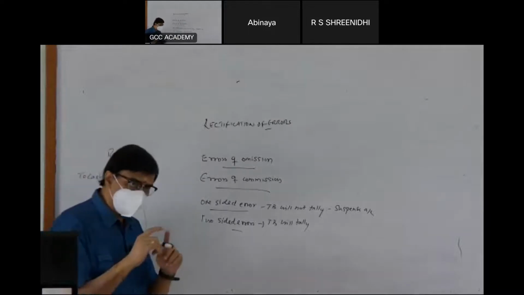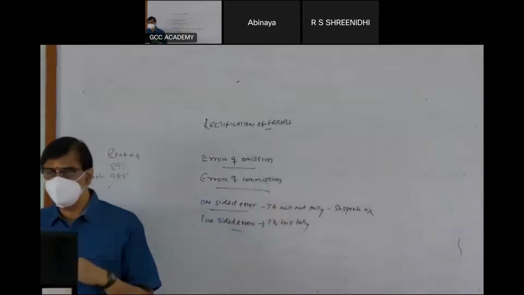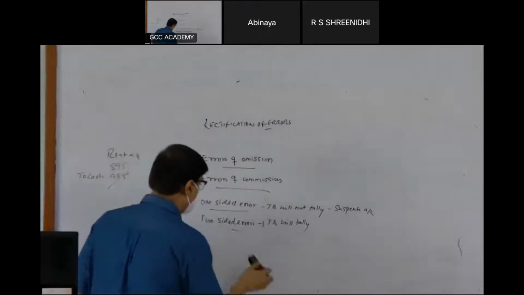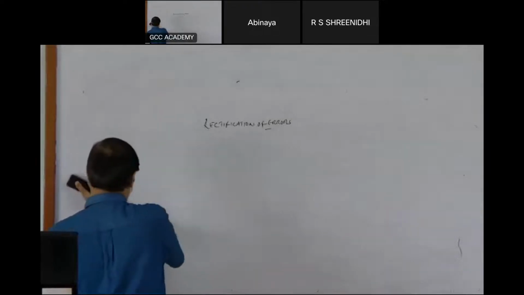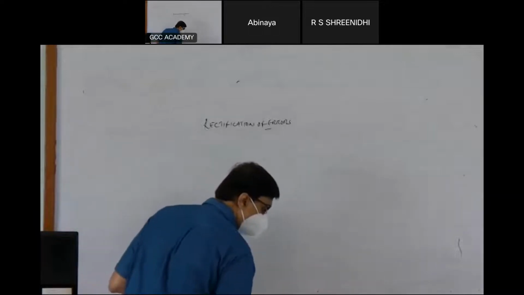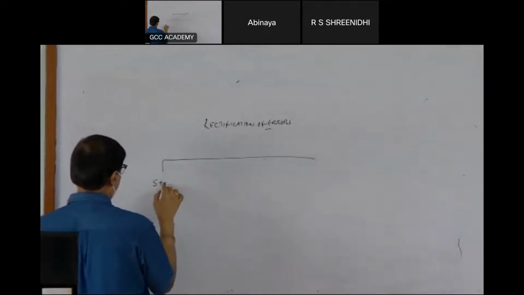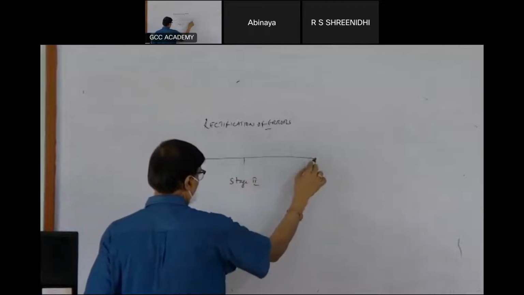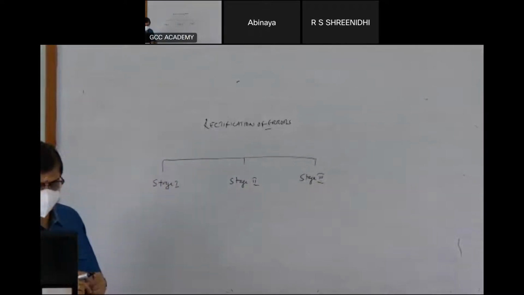So, I'll give you an important chart which you note down. It will be of great help to you in understanding at what stage, what type of entry will be passed. Okay, so make a note of this. Stage 1, stage 2, stage 3.